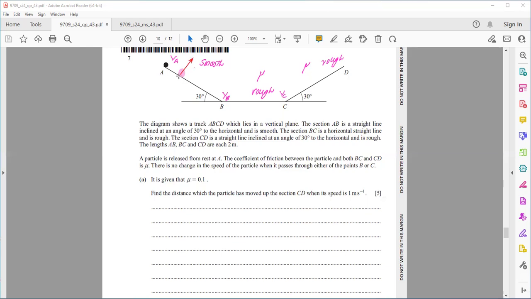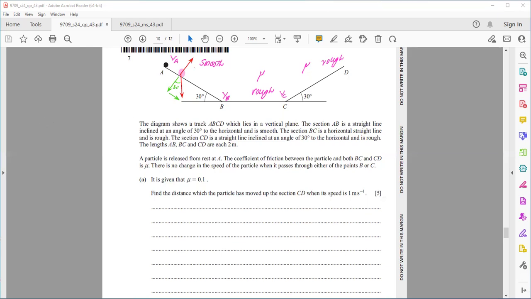When a body has mass, definitely there will be weight in the downward direction. We also have the components of the forces in two directions: one is perpendicular to the plane, and the other is along the line. The angle of the plane is this one, which will be 30 degrees.